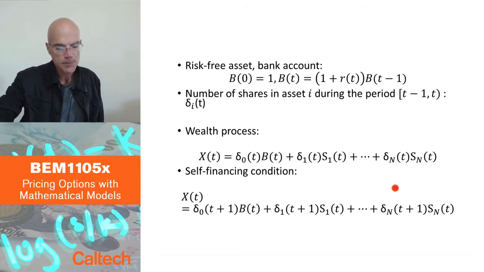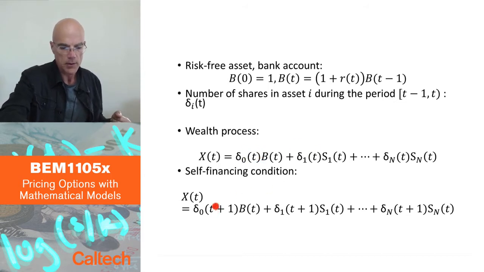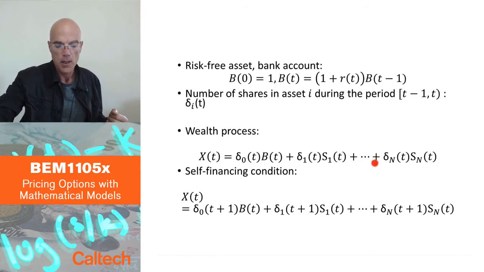Why? Because this is the money during the period t minus 1 to t. Then at t, I'm going to change from these numbers of shares to some other numbers of shares, delta 0 t plus 1, delta 1 t plus 1. This is the amount I have just before changing, and this is the amount I have just after changing the number of shares in each asset.